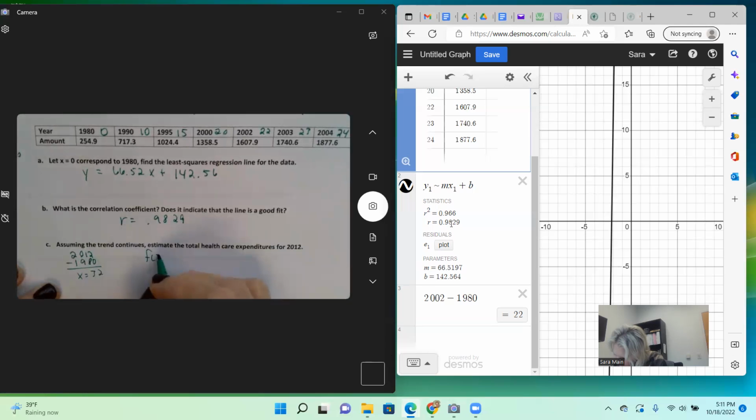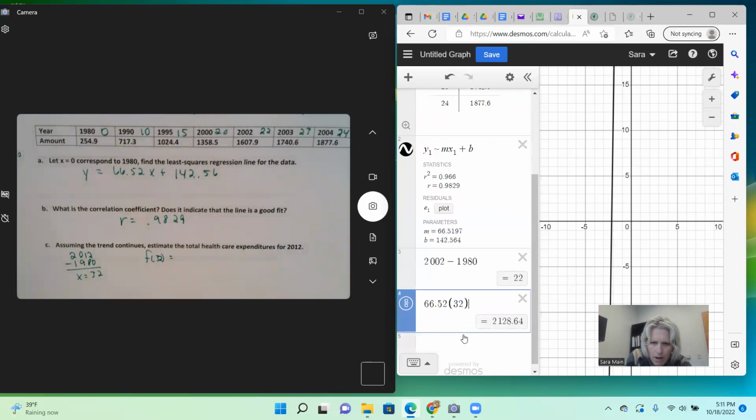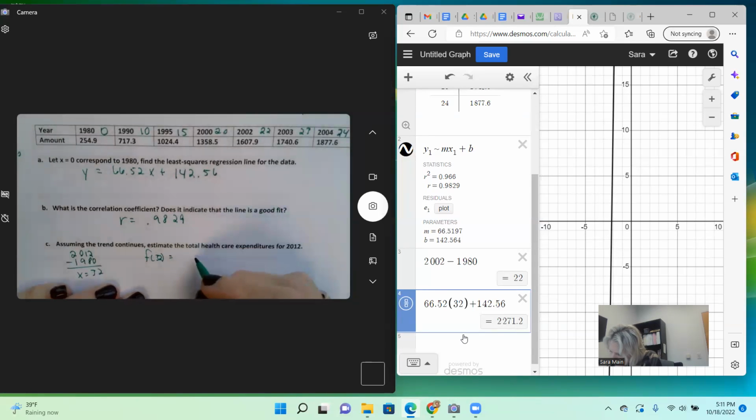So we're going to put 32 into our model up here. So I'm just going to say 66.52 times 32 plus my y-intercept. So I'm predicting national healthcare expenditures will be 2271.2, and that's in billions, in 2012.